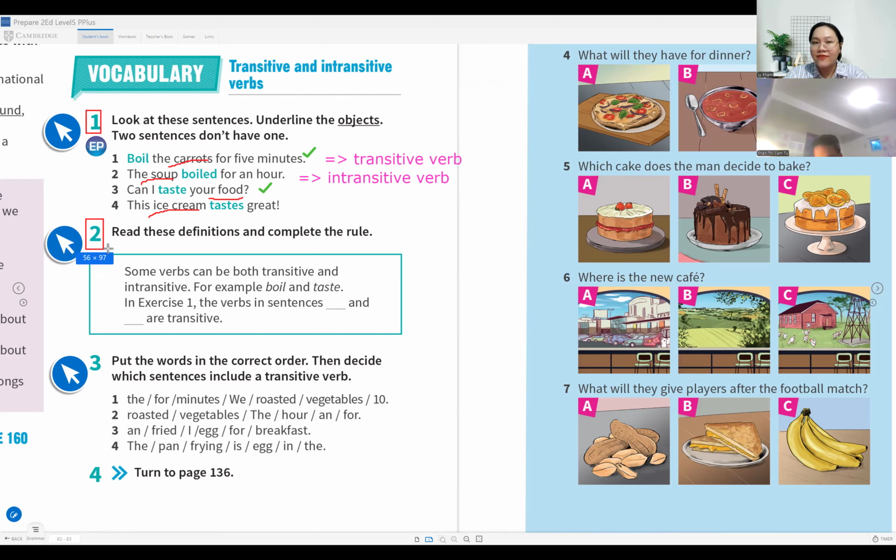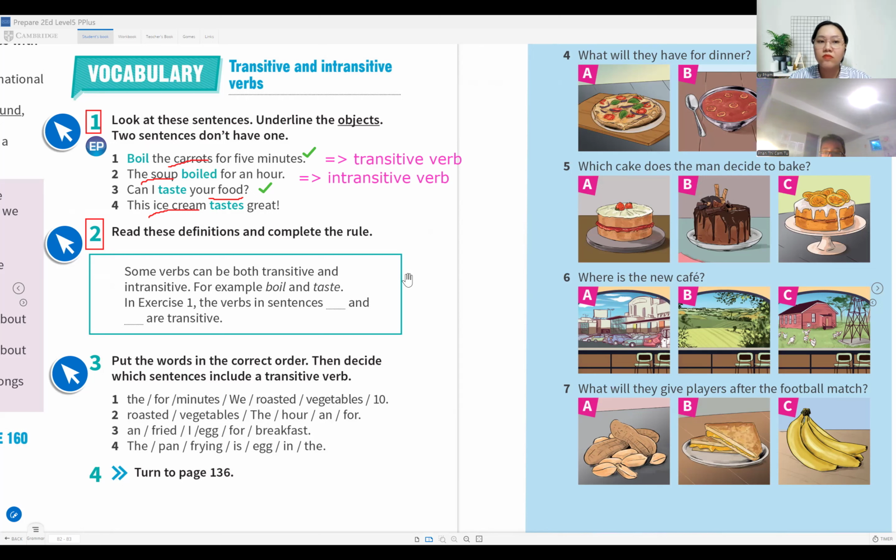Please read the definition and complete the rules. Some verbs can be both transitive and intransitive. For example, boil and taste.